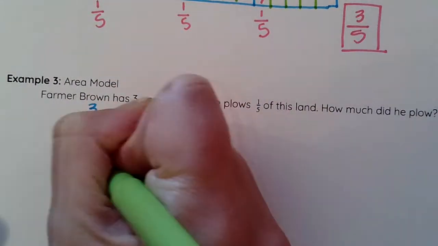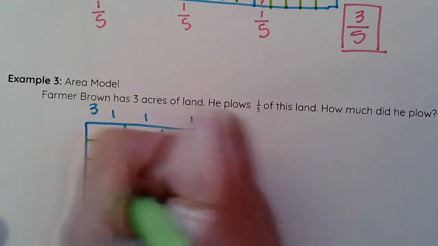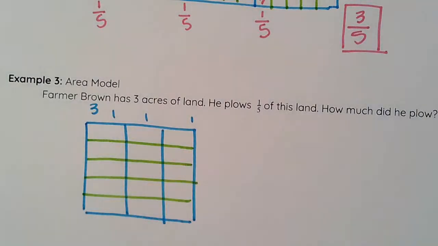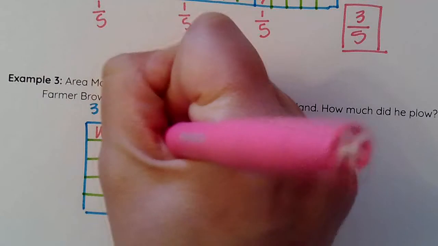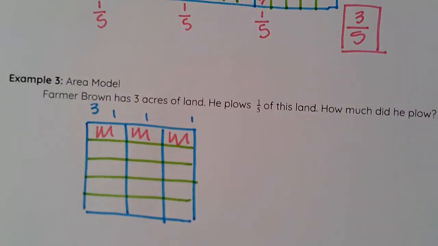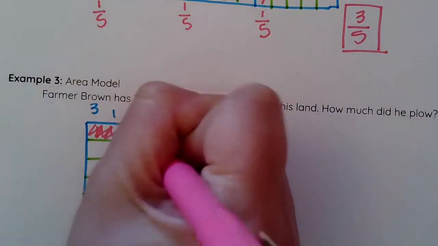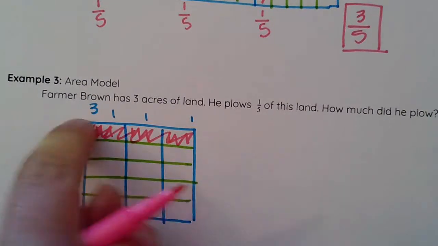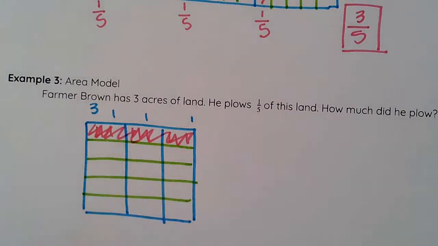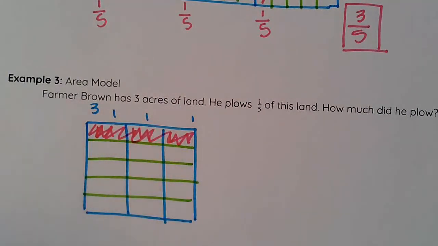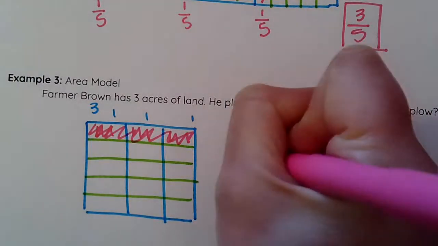That would be splitting all of these again into 5. Once again, 1/5 of the land. That would be this whole 1/5, 1 part of the 5 parts, which gets me 3/5.